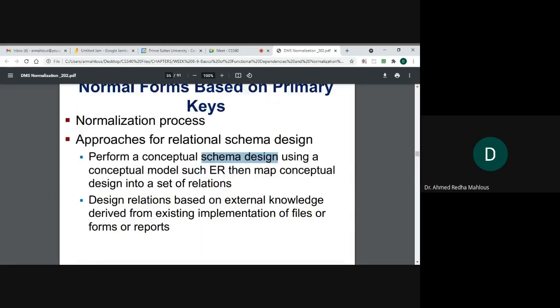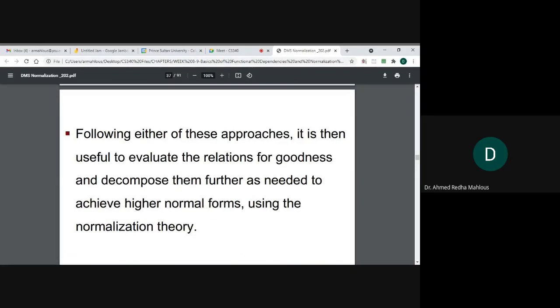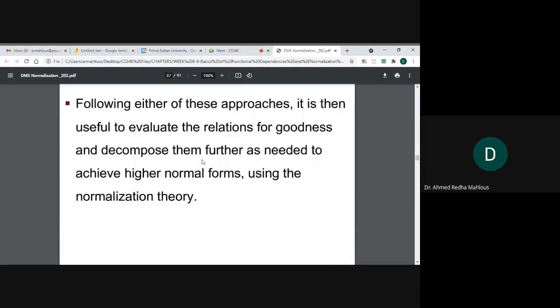Another way is to have an ER diagram. Based on the ER diagram, you do your mapping like we did last time, and you get your relation schema. So whether you follow the first approach or the second, it is very important to verify whether those relation schemas that you have designed are good or not.